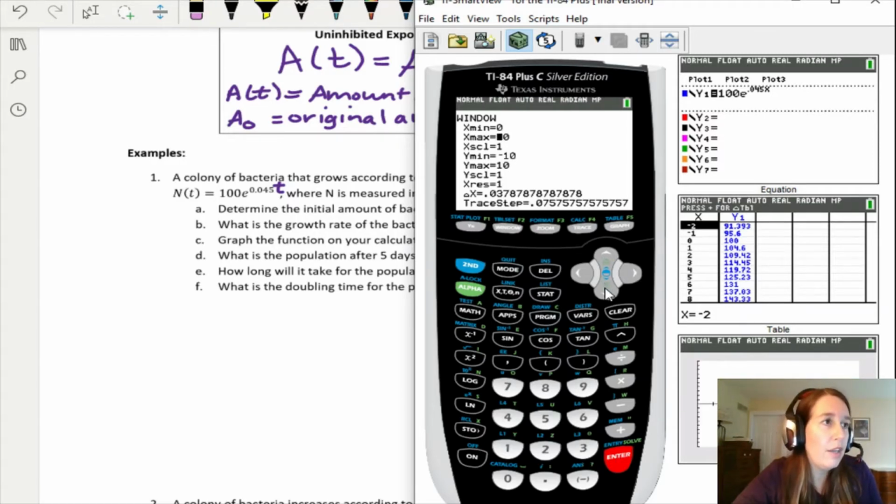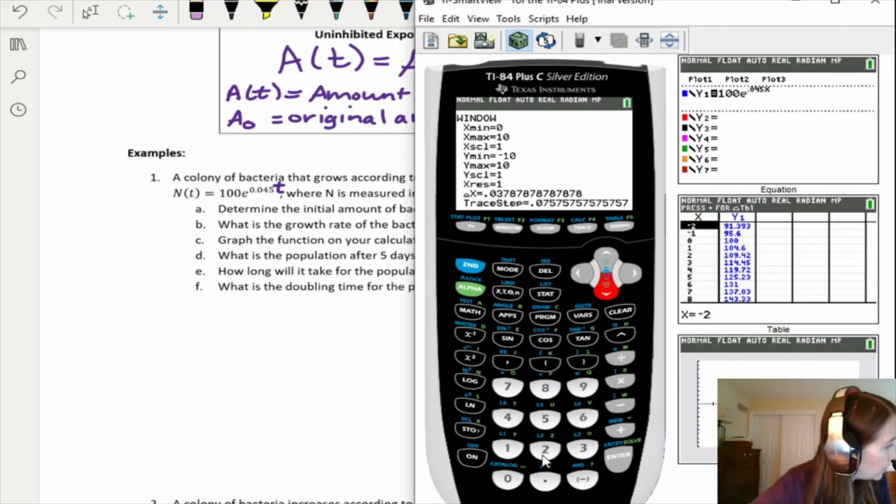Okay, now the y is where we need to change. I personally like to keep the bottom there, so keep the -10 so I can see the x-axis. But I probably want my y max to be over 100, because 100 is where we started. And so I'm going to make it, let's see, does it ask?